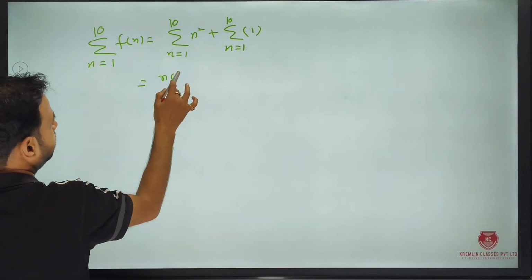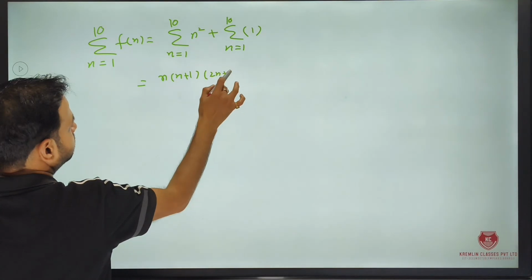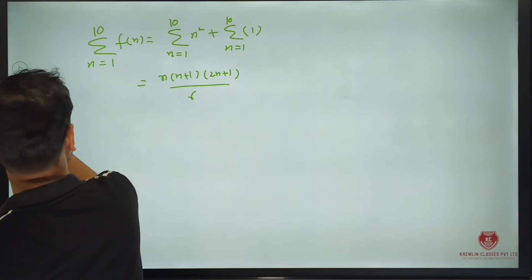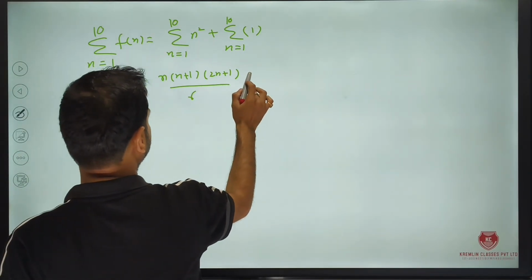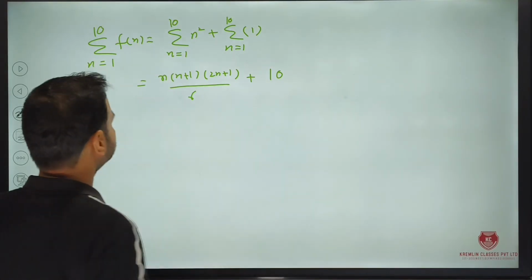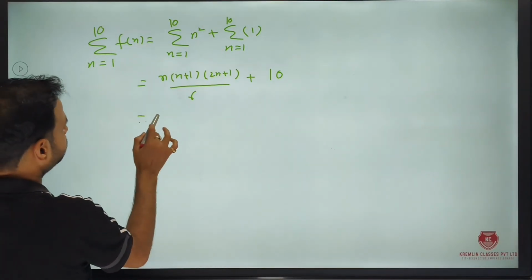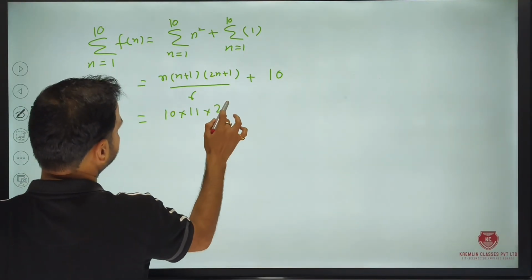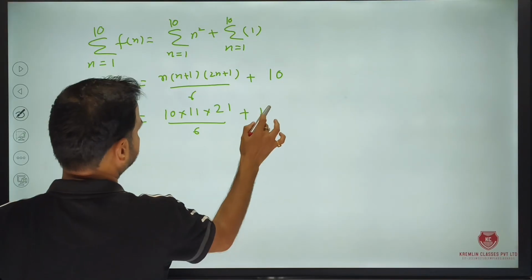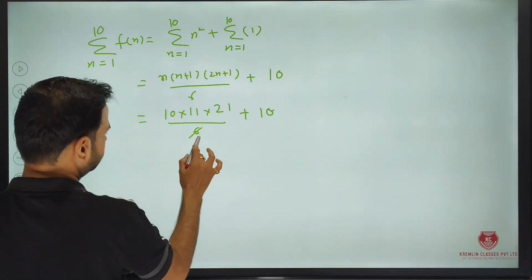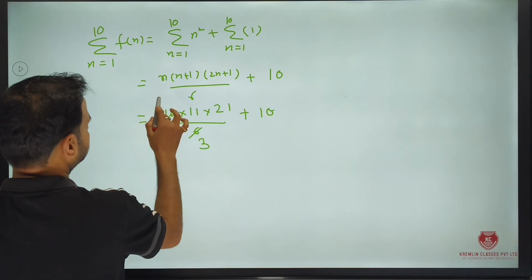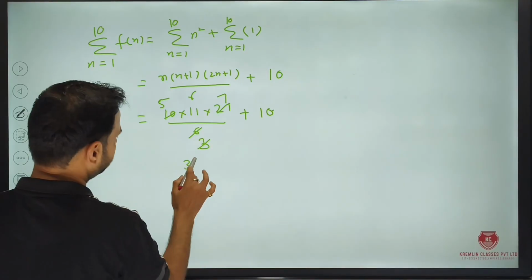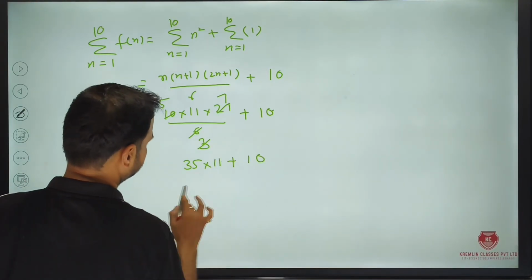So it will be n into n plus 1 into 2n plus 1 by 6, where n equals 10. 10 into 11 into 21 upon 6 plus 10. 2 3s are 6, 2 5s are 10, 3 7s, 35 into 11 plus 10.